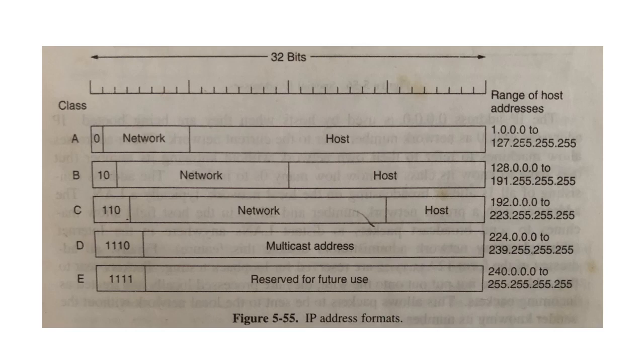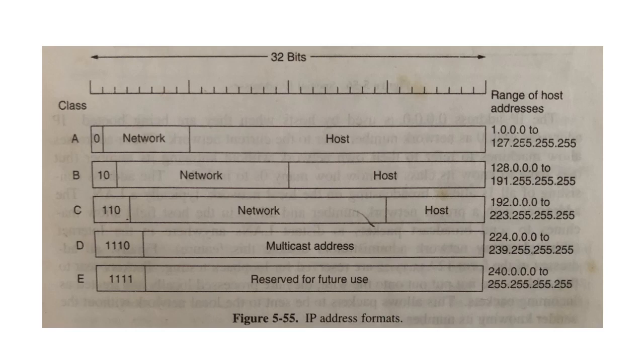Coming to class B, it starts from 128 and goes up to 191. Class C is 192 to 223, 224 to 239 is class D, and 240 to 255 is class E IP address.